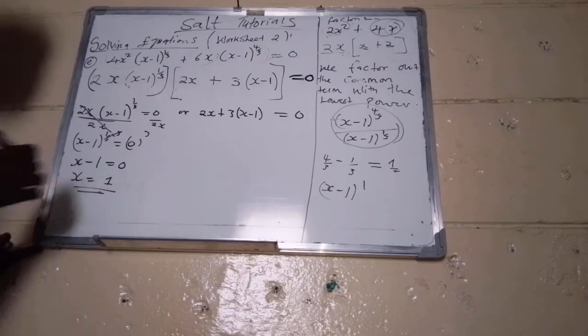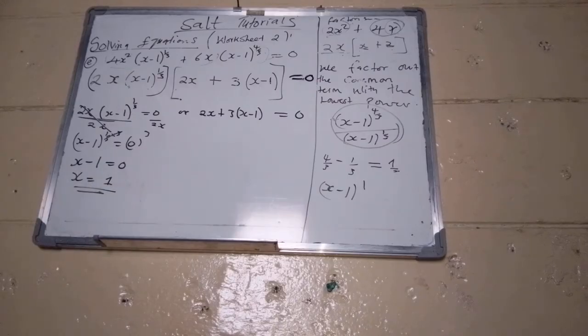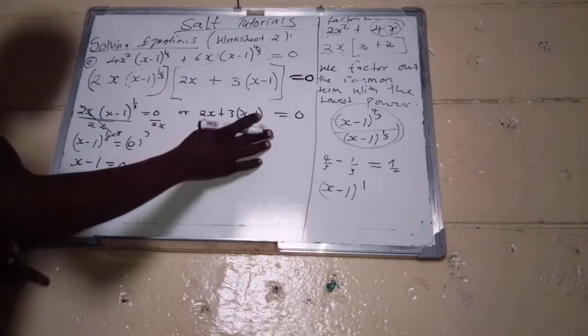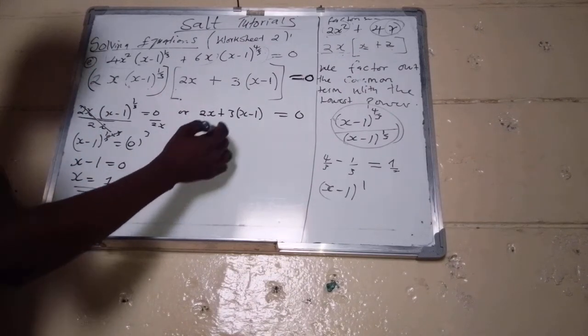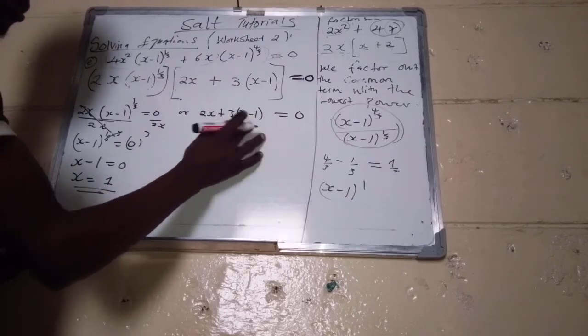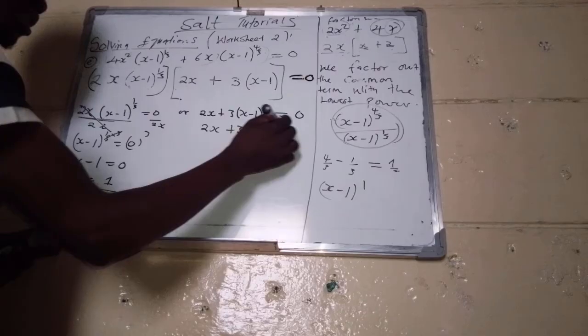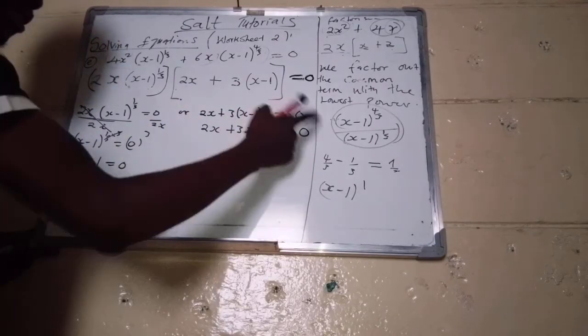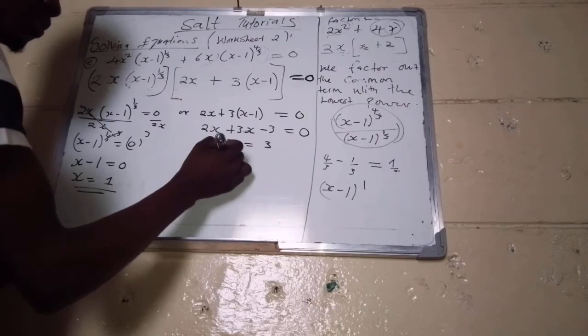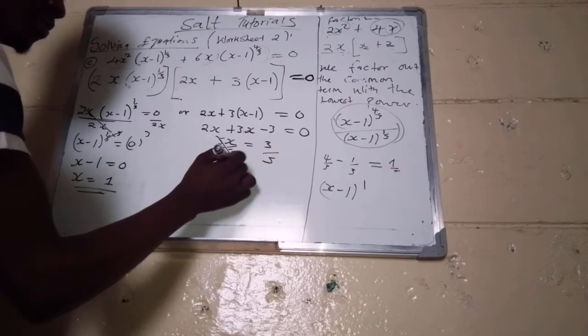Okay? So if that is the case, the same is happening with this one. How do I handle this one? I'm simply saying that this is 2x plus 3x minus 3 to be equal to 0. The 3 can go to the other side. This is 5x is equal to positive 3, over 5 over 5, and the value of x is equal to 3 over 5.